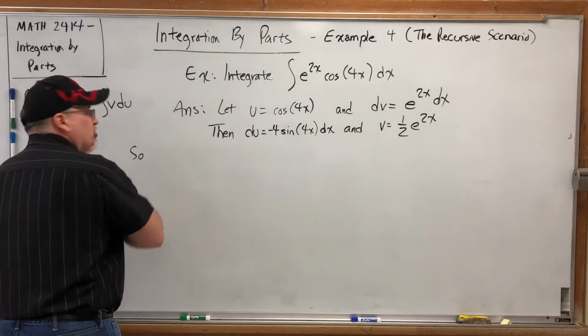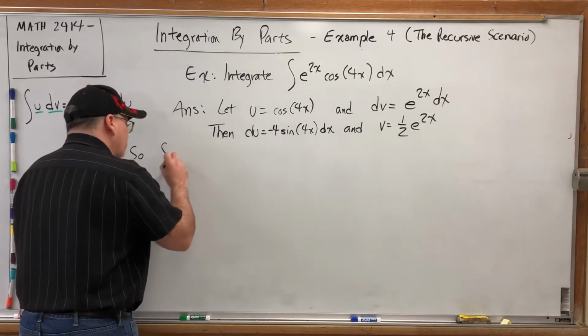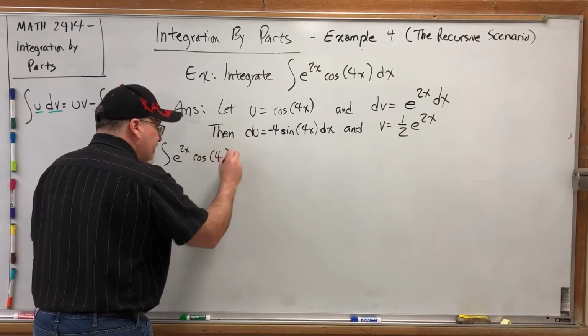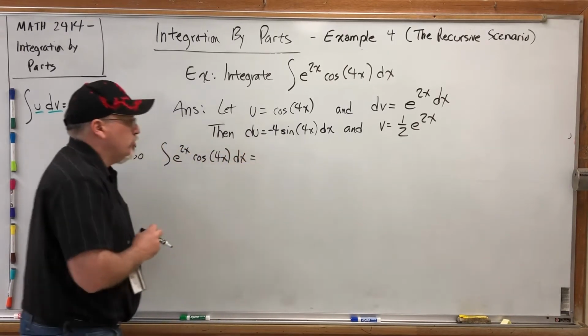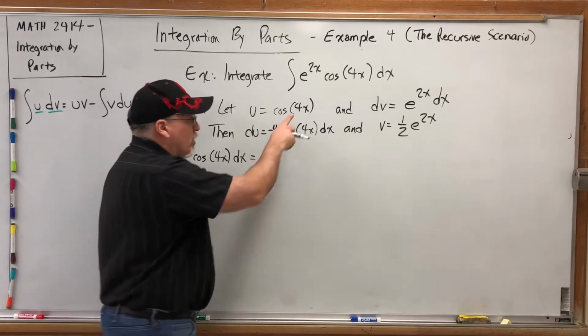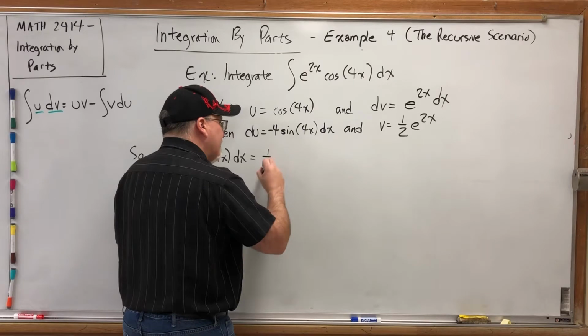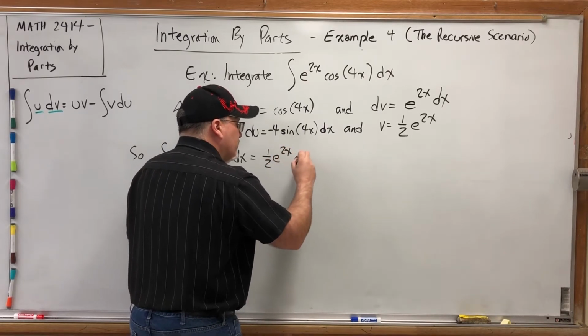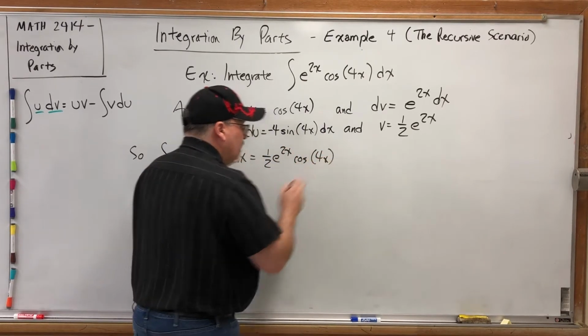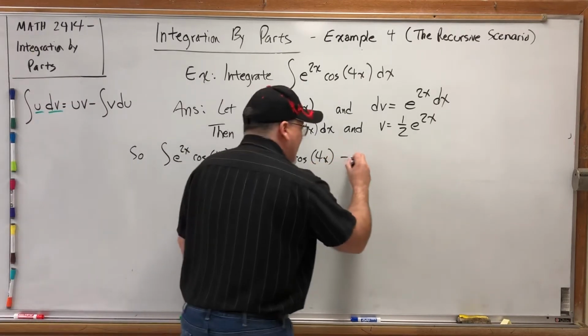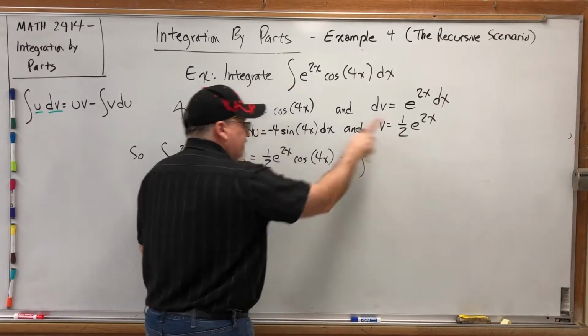So where does that put us? That puts us at the integral of e to the 2x cosine of 4x dx is equal to uv, so cosine 4x times 1/2 e to the 2x. Let's write that as 1/2 e to the 2x cosine of 4x minus the integral of v du.